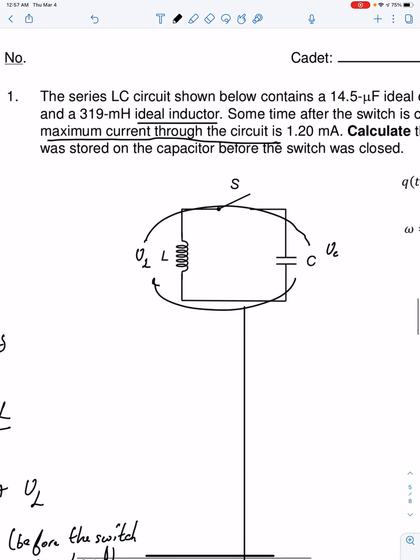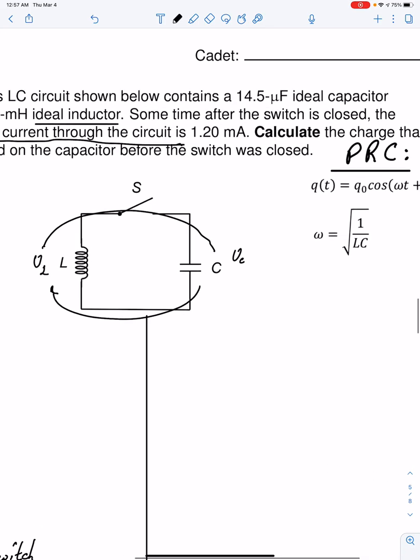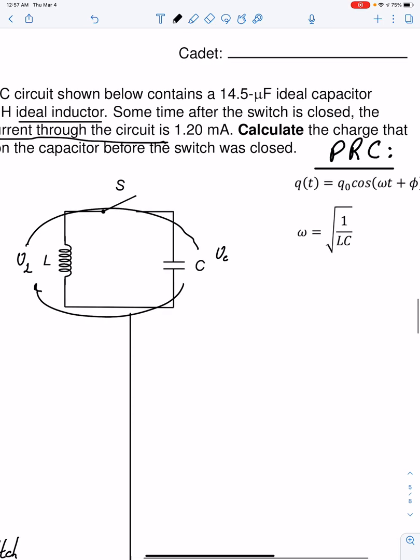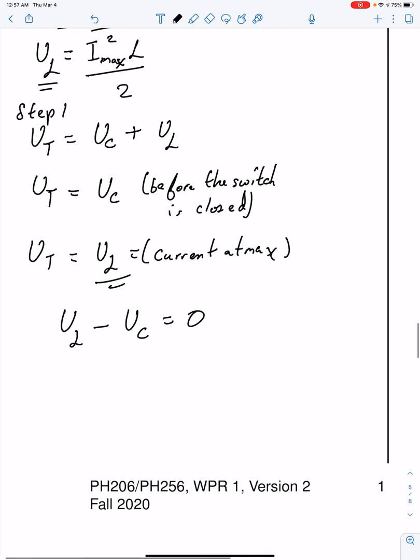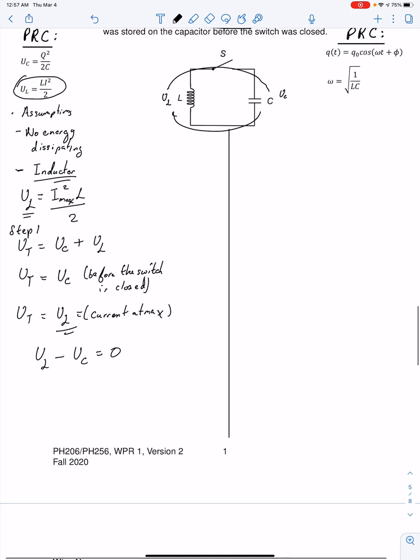Because always one will have the max, and then it goes back to the capacitor, and the energy is never dissipated, so there's no difference between both energies. Therefore, the subtraction of both of those will equal 0. Okay? Because they equal 0, the energy in the inductor equals the energy in the capacitor.